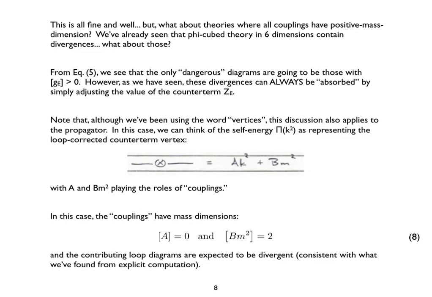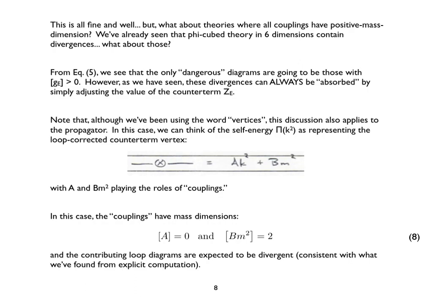So we found that in that case the self-energy had some divergences, so we had to include some new vertex. And you say, well, what are the mass dimensions of these couplings? Well, the couplings are A, because this is a kinematic factor, k squared. So A, and then this thing's just a constant. So you can look at the mass dimension of these guys. It turns out that this one's 0 and this one's 2.